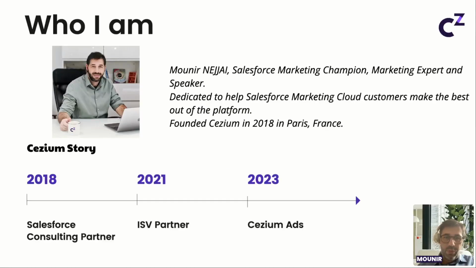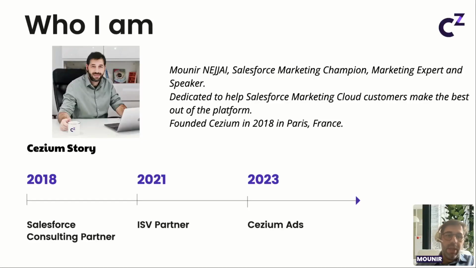Well, let's start. First, a little presentation about myself. I'm Munir. I'm a Salesforce marketing champion. I've been working in marketing since I started my career after a degree in engineering. I'm dedicated to help Salesforce Marketing Cloud customers. And for this, I founded Cezium in 2018 in Paris, in France.